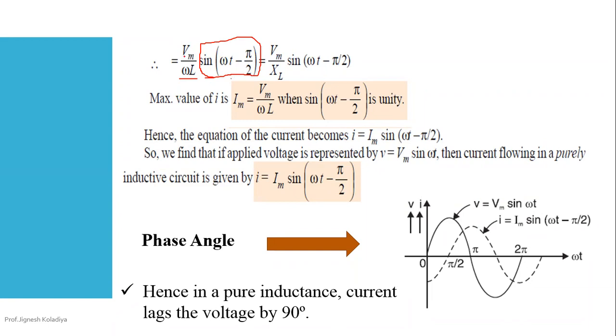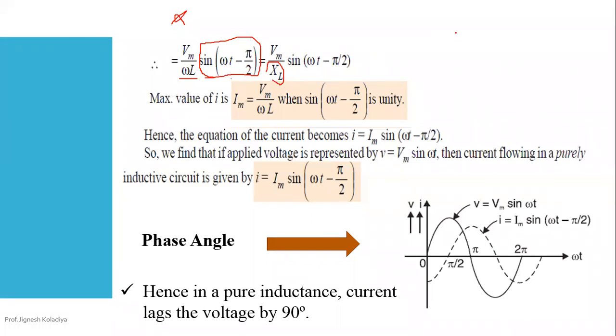Vm by omega L is nothing but the maximum value of current, because this omega L is given by XL, inductive reactance.